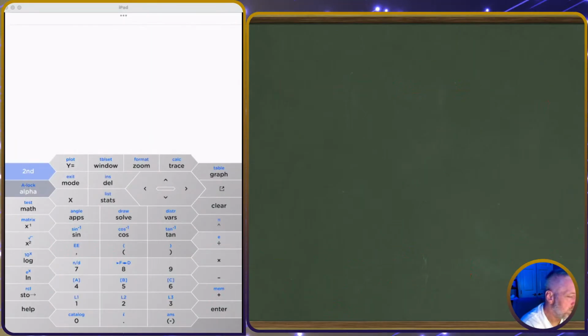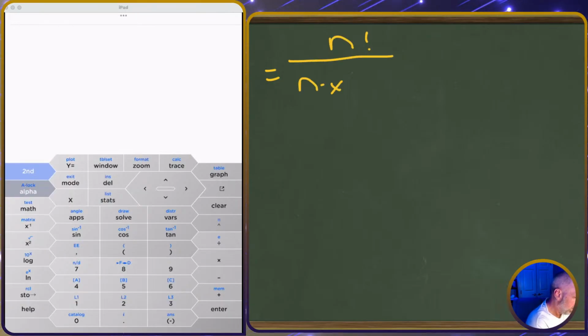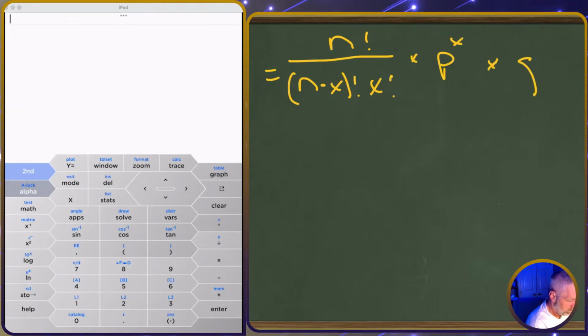Once I get into the calculator workspace, I've got workspace and calculator, so I can easily go on here and talk about the fact that if we want to work a binomial distribution, let's say, then we're working with the probability of x, and that equals n factorial over n minus x factorial, that's a subtract, x factorial, times probability of success to the x power times probability of failure to the n minus x.